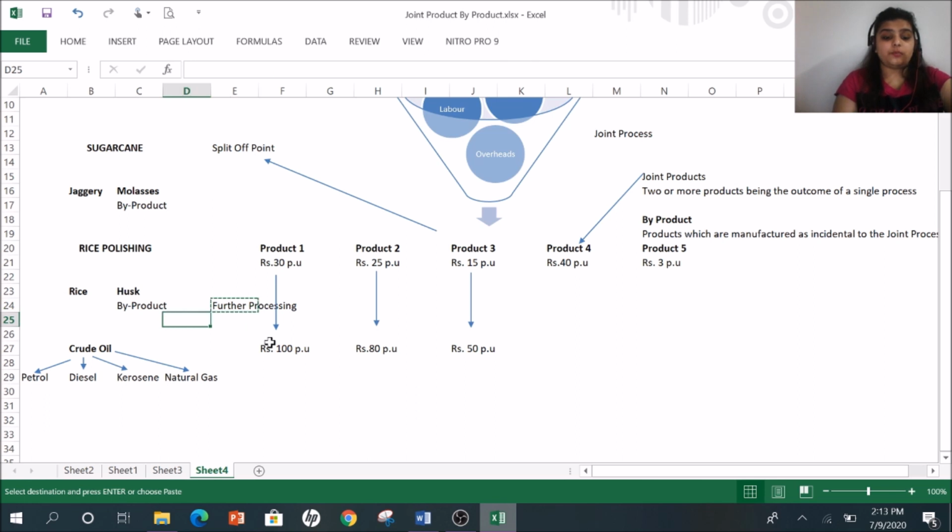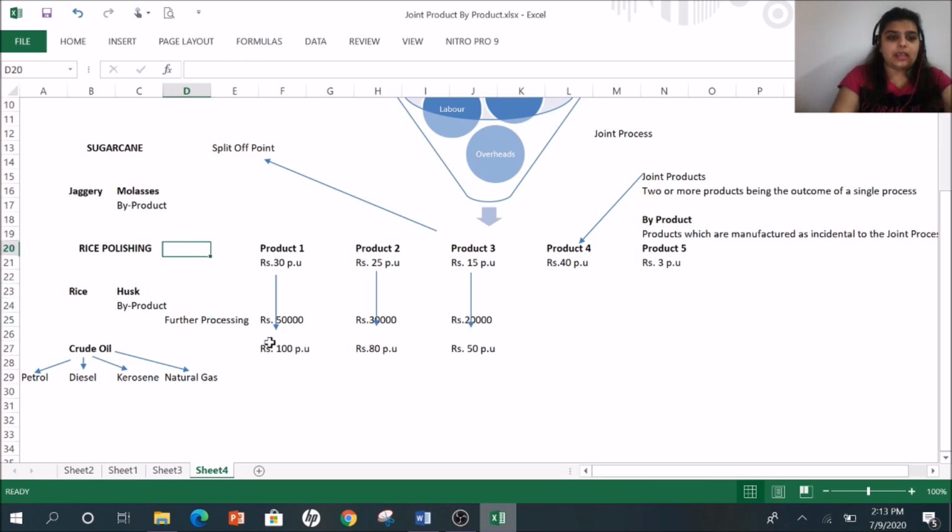Once these products are further processed, obviously there will be some cost incurred for the further processing also. Let us take that the further processing cost for this is 50,000, for this is rupees 30,000, and for this is rupees 20,000.